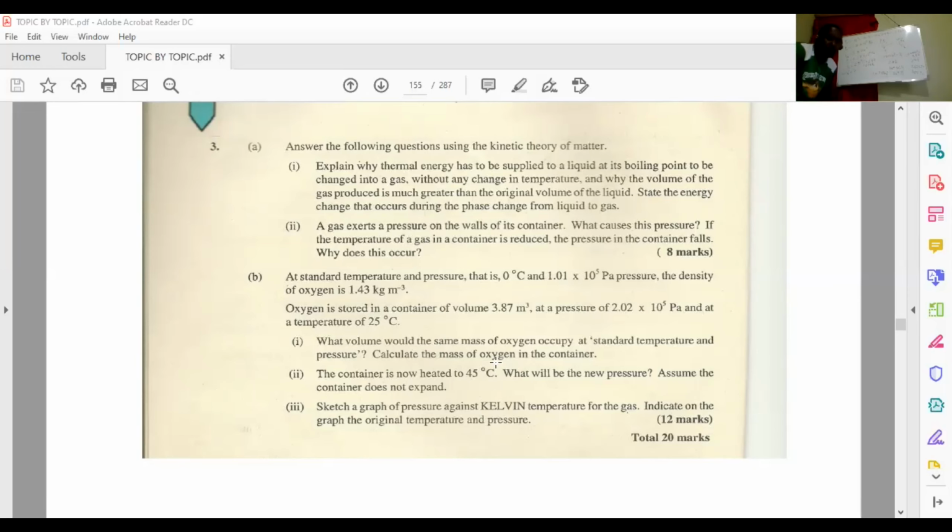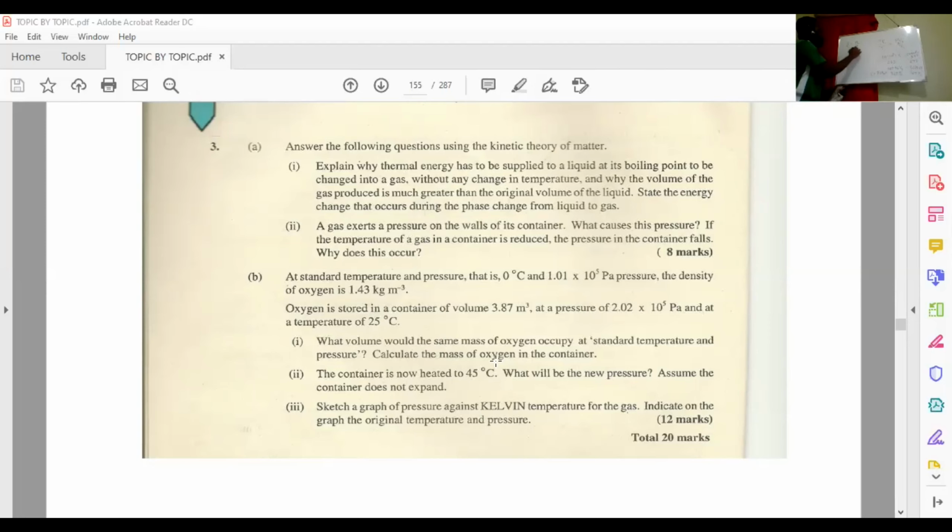All right, and then the next part says calculate the mass of oxygen in this container. So we need to calculate the mass. It gives us the density of the gas, so now we can find the mass, because density is equal to mass over volume.